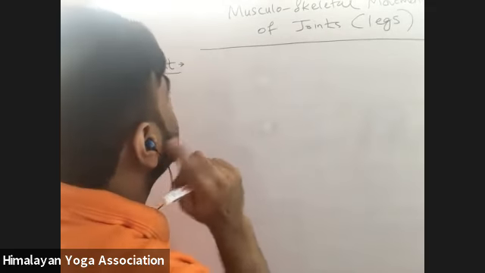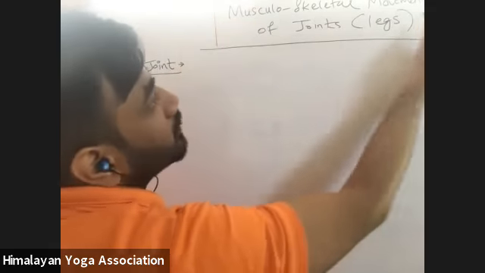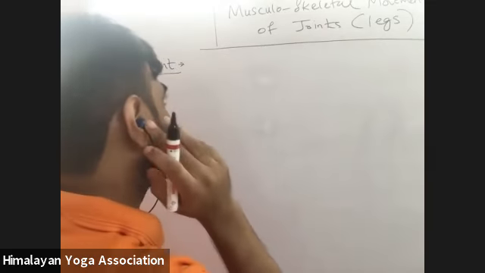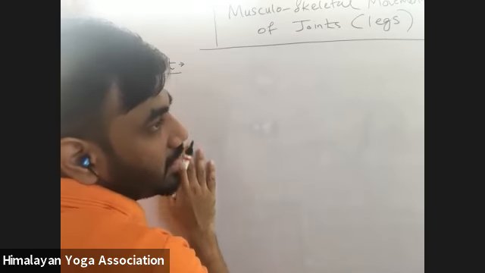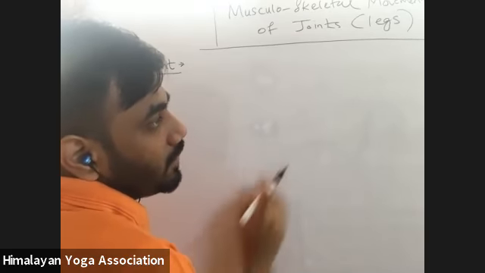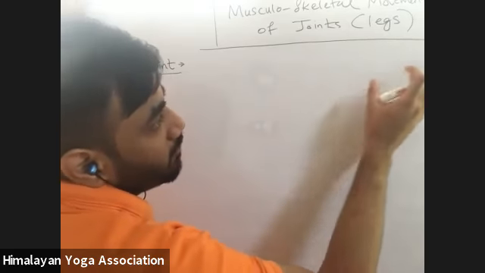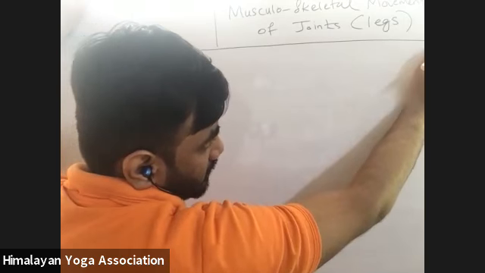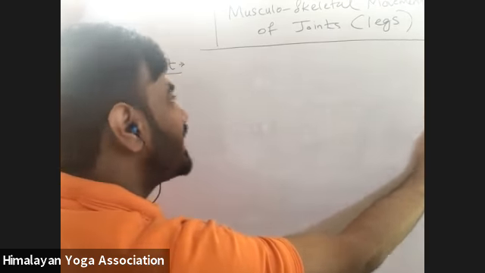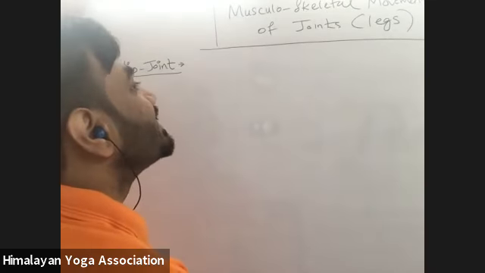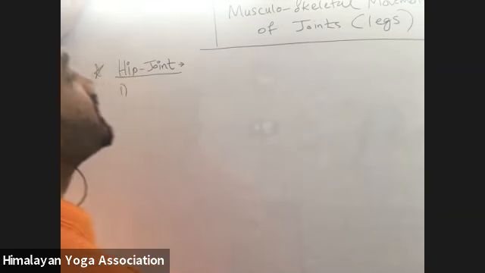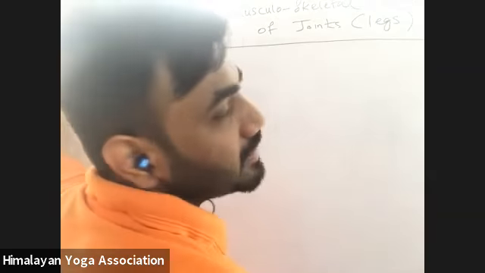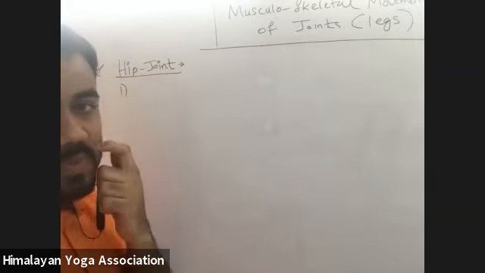Yes, Naringa, I am asking you. Our hip joint is an example of which specific type of joint? Ball and socket, yes. So the hip joint is an example of a ball and socket joint.